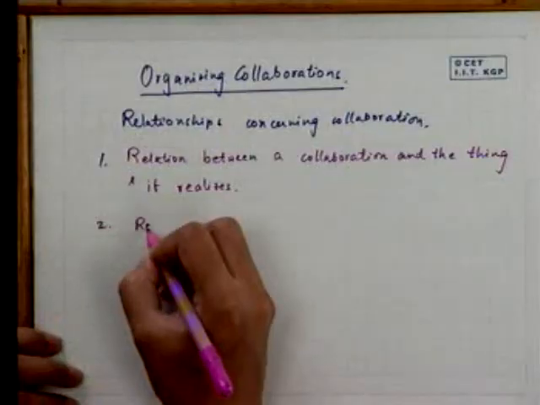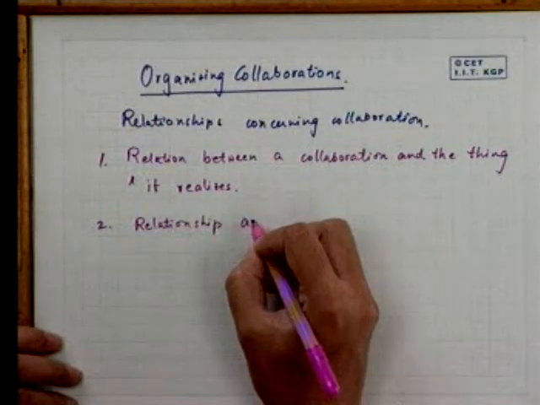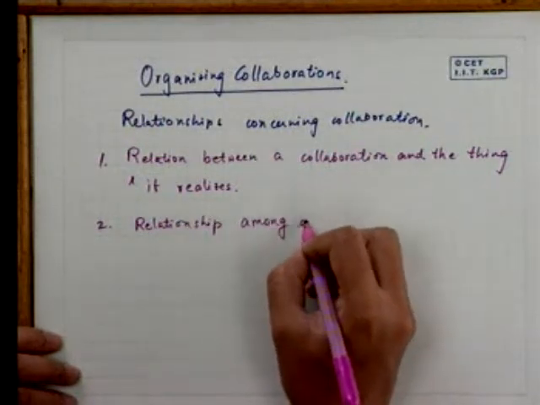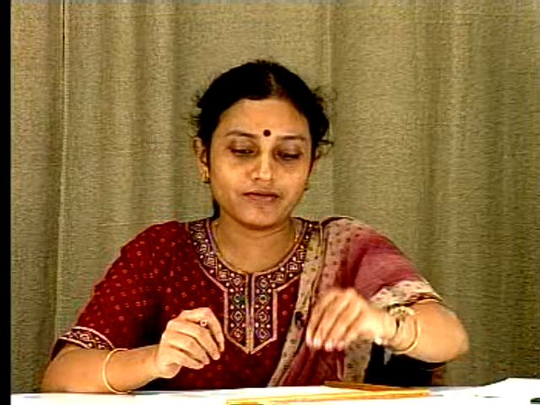Secondly, we can have relationships among collaborations. For example, one collaboration may refine another collaboration, and we represent this by using a diagram. So we have here a use case place order.